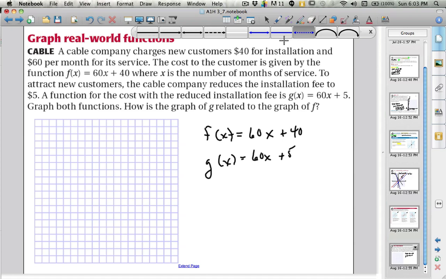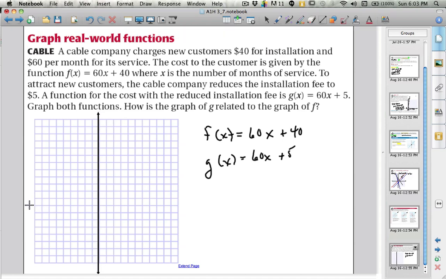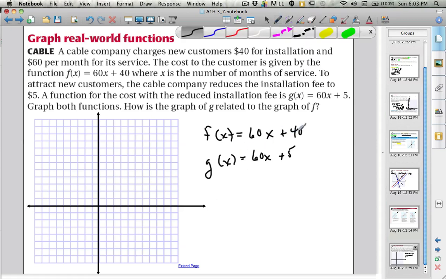So again, let's put in some axes here so we can work with this. And I see that in this case, I'm going to do tens, 10, 20, 30, 40, that's 40. 50, 60, 70, 80, 90, 100, 110, 120.